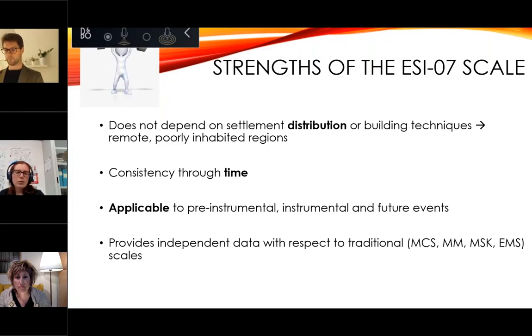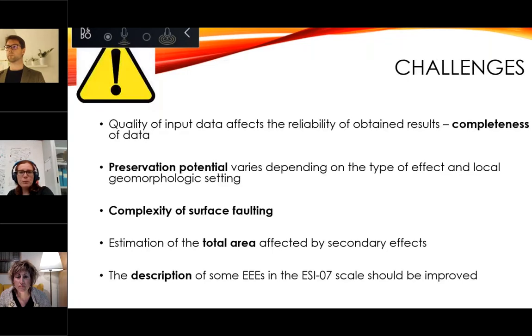In many cases, this independent data may confirm what I've already achieved. In some situations, they can provide additional information, like the first point of the slide. So when there are not that many buildings, for instance.